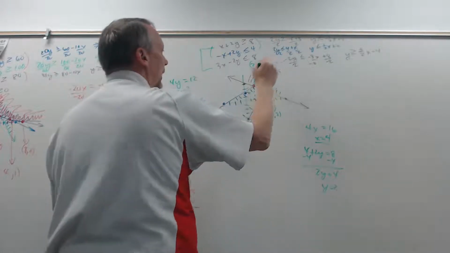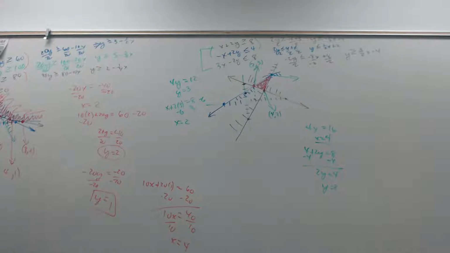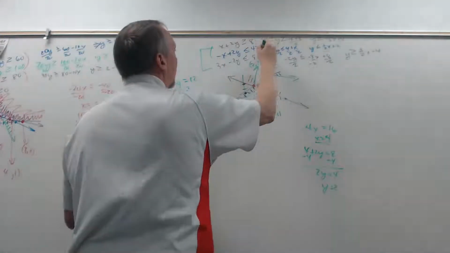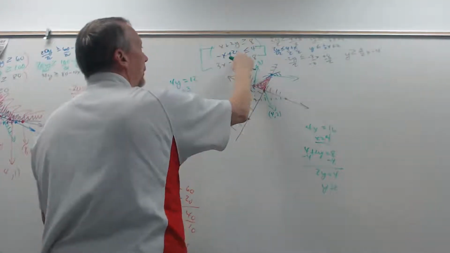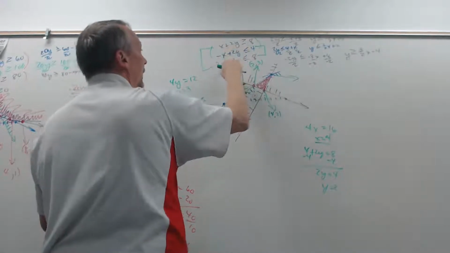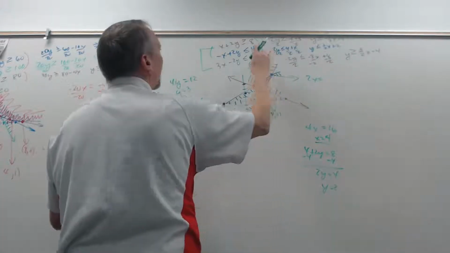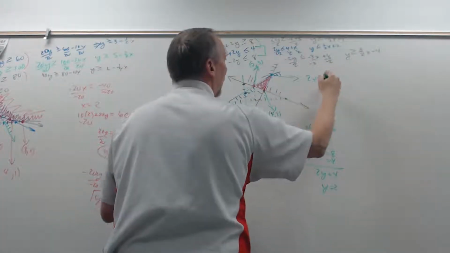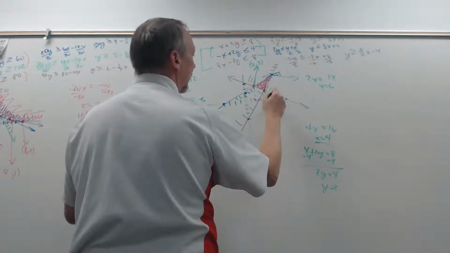And we need to find this spot. That'd be the bottom two, the purple and the blue, right? If we add those together, the y's eliminate. So negative x plus 3x, 2x. 2x equals 12. X equals 6. 1, 2, 3, 4, 5, 6.